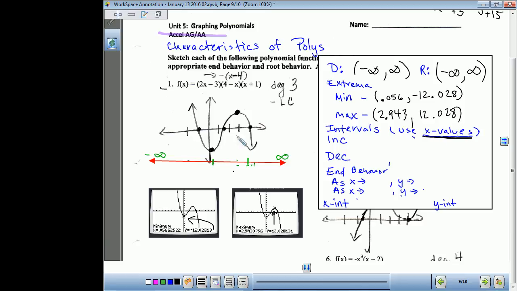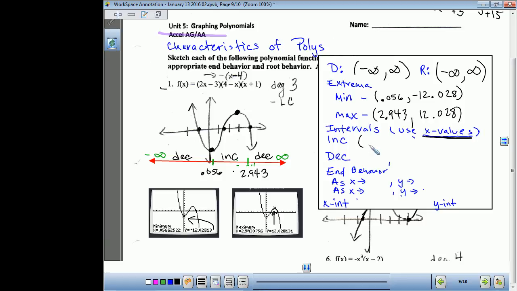So if we think about this as our graph, and our x values that occur at the extrema are 0.056 and then 2.943, when we look at our function over the interval from negative infinity to 0.056, is the function increasing or decreasing as we travel left to right? We would be going down. We are decreasing. All right, so from 0.056 to 2.943, increasing. And the final interval would be decreasing.